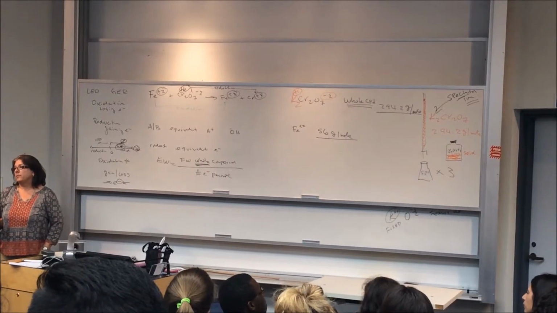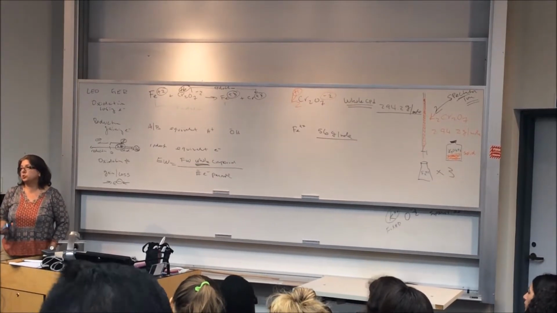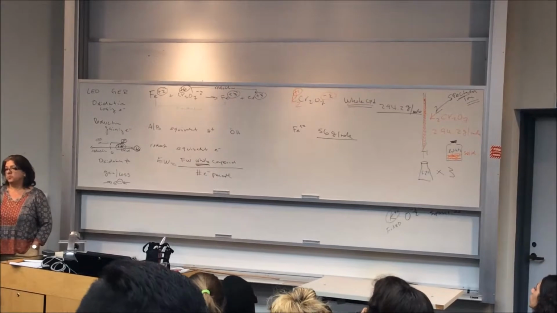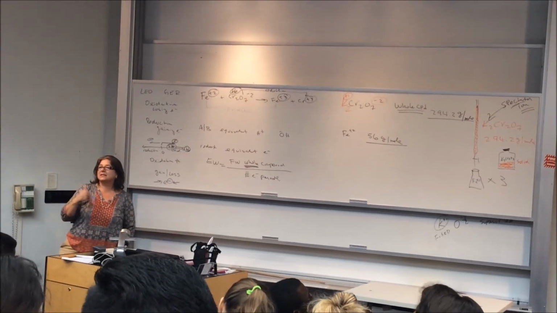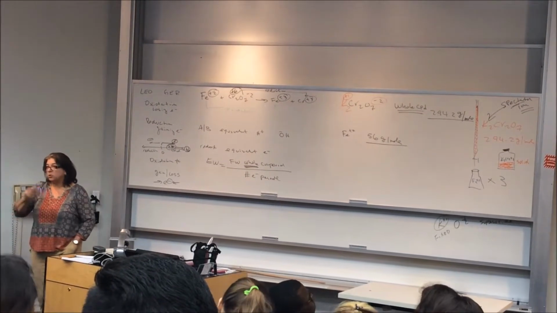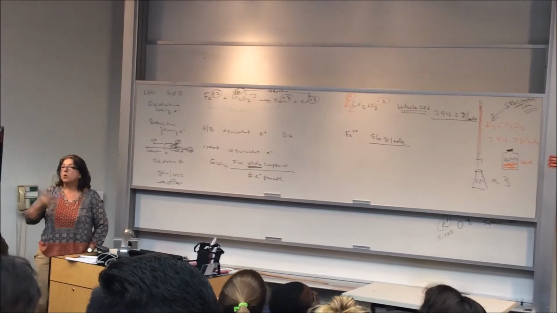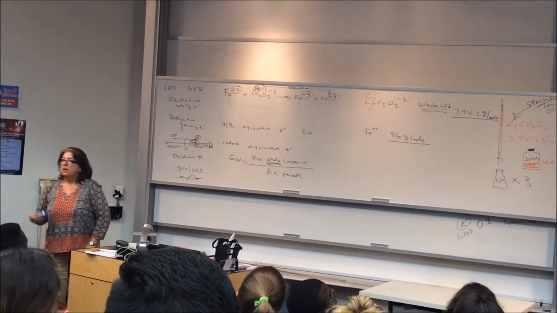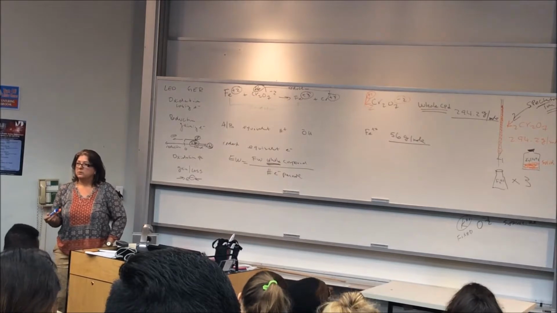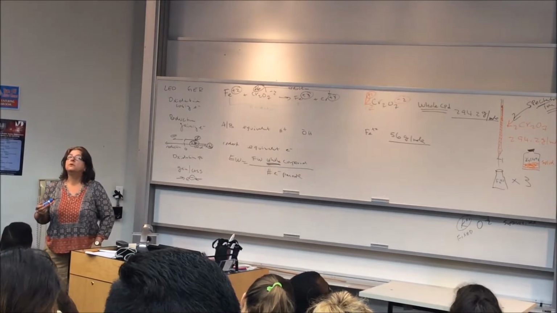Iron took a trip from +2 to +3. Its oxidation number went up in the direction of oxidation. So it was oxidized by the gain or loss? Loss of electrons.